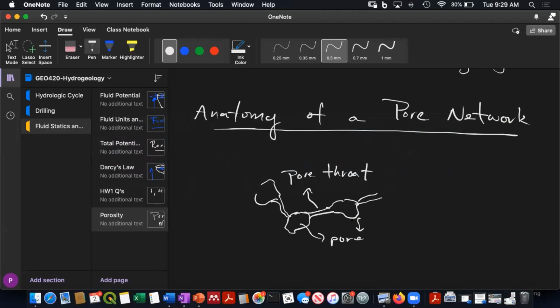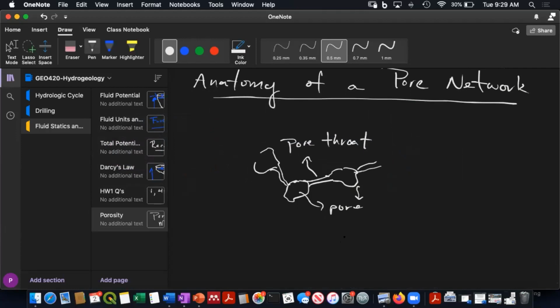These two things we're going to talk about a lot because they control different things for us. So most of the volume for storage is in the pores.